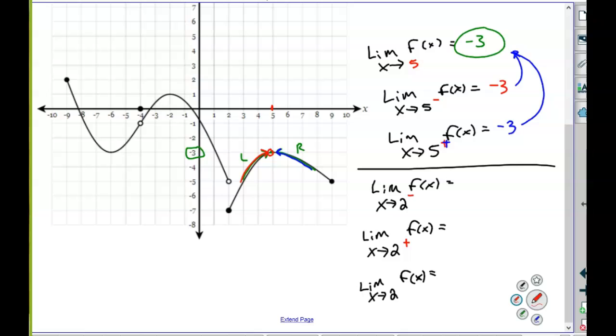We have to be careful because it's all based off of notation. This first one that I gave, this is saying approach 2 from the left-hand side. So you're only going from the left-hand side for this one. So, what did you get for the first one?